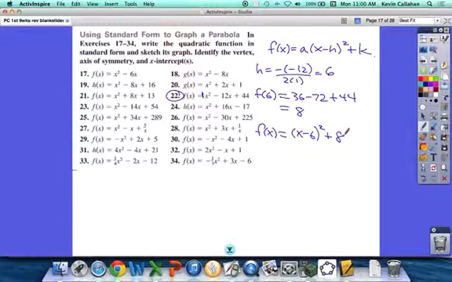Okay. What was the other method to put it in standard form? You could have completed the square, right? You could have gone to the middle term, divide the middle term in 2, negative 6, square it, 36. So that would have given us f of x equals x squared minus 12x plus 36. And then outside the parentheses, we would have had the 44.